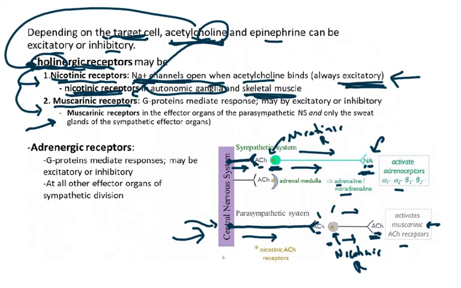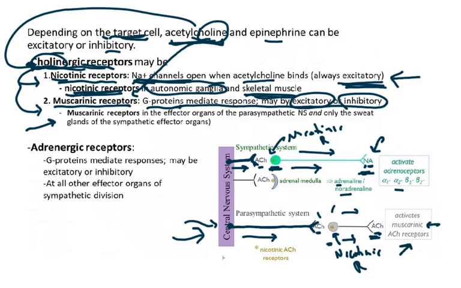But muscarinic receptors are more complicated. They are G protein coupled, which means they may be coupled to different types of channels, and because of that, be either excitatory or inhibitory. So this could be causing different effects depending on the specific target.